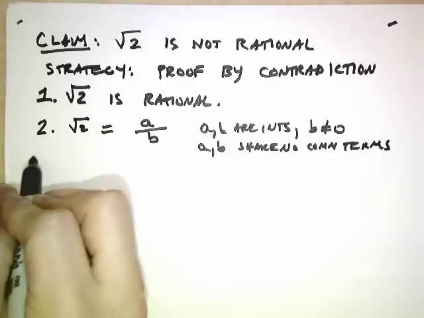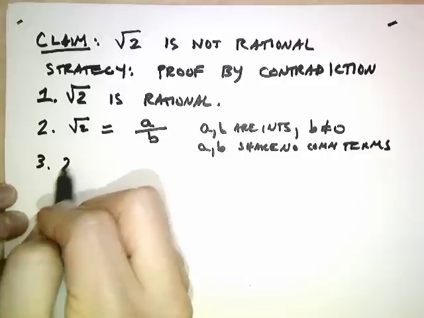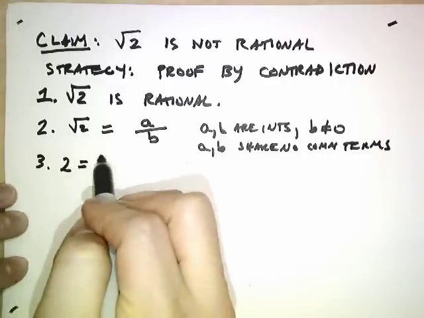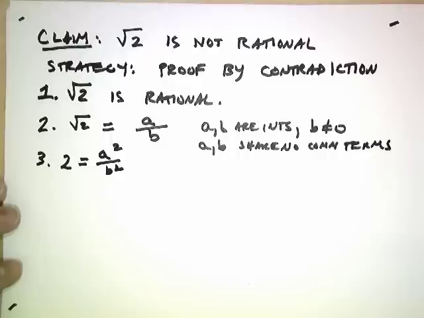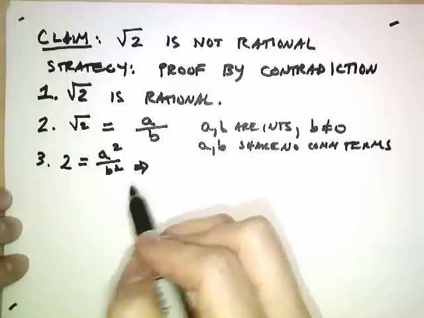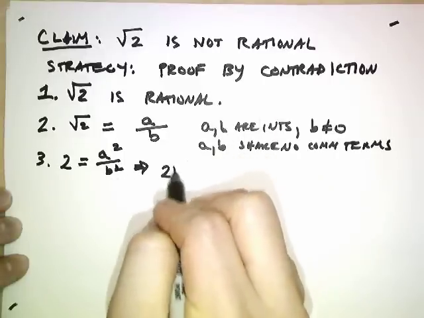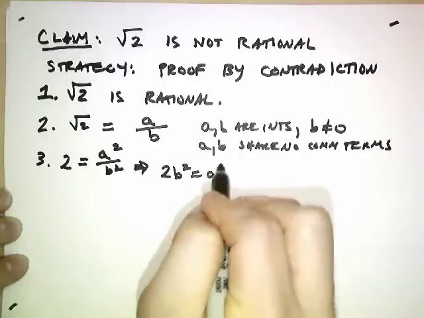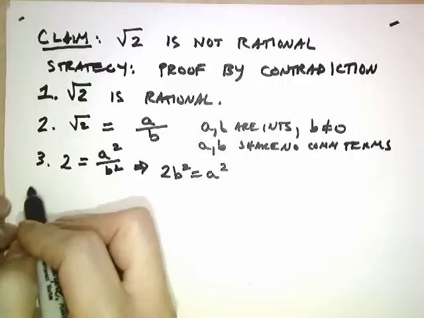Okay, so step 3 is going to be to square both sides. So we'll have 2 is equal to a squared over b squared. And then also in this step, I'm going to multiply the left-hand side and the right-hand side by b squared. So we get 2b squared equals a squared. So far, a simple sequence of steps.